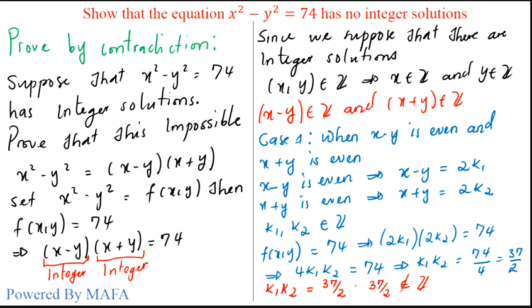Okay, now let's go to the second case. Case 2, when x minus y is odd and x plus y is odd. So when both of them are odd.